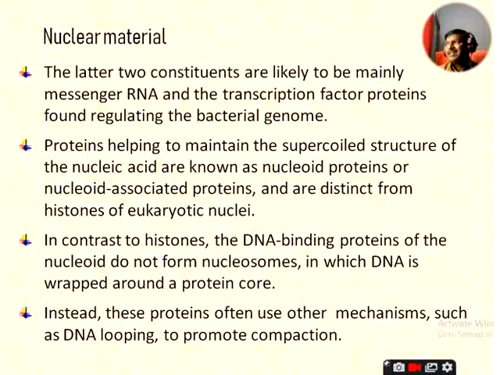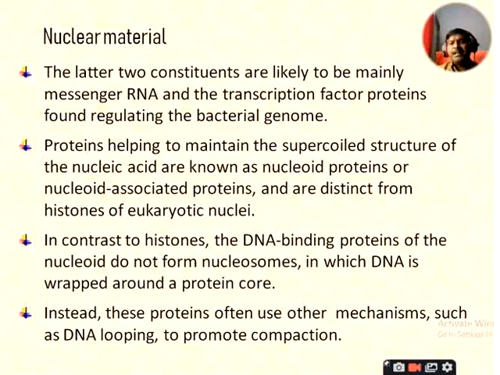We know that there are three types of RNAs. Which are these three types? That is messenger RNA, transfer RNA and ribosomal RNA. Here the latter two constituents are likely to be mainly messenger RNA and the transcription factor proteins found regulating the bacterial genome.